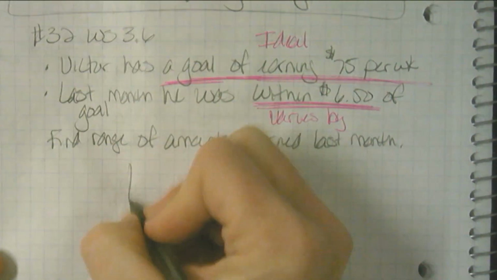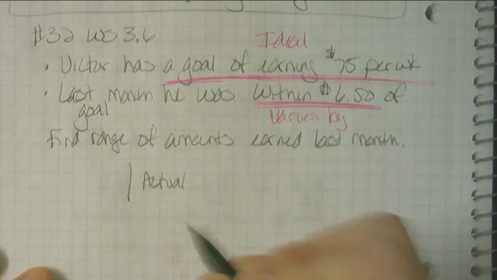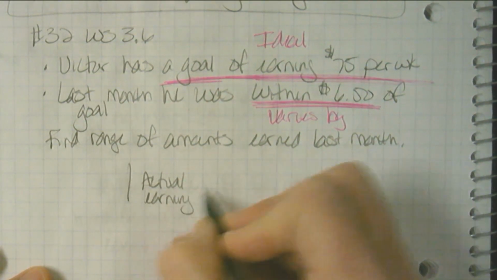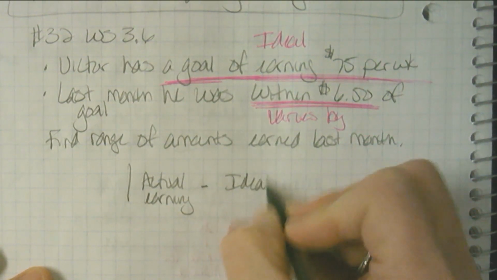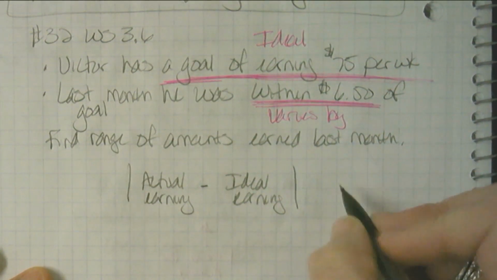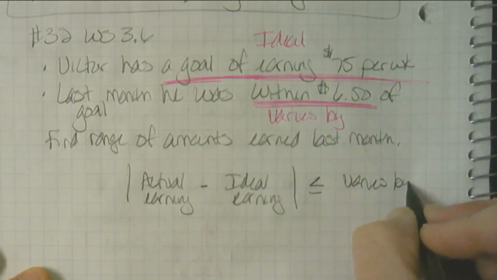So this is when we use the absolute value inequality. So the actual earning minus the ideal earning, that absolute value is less than or equal to the varies by amount.